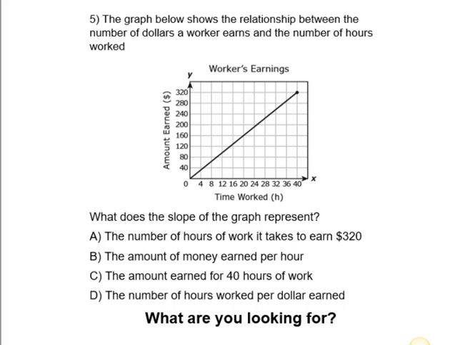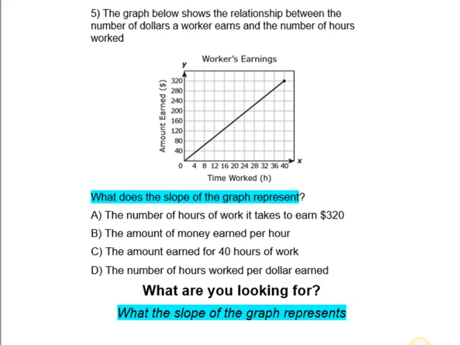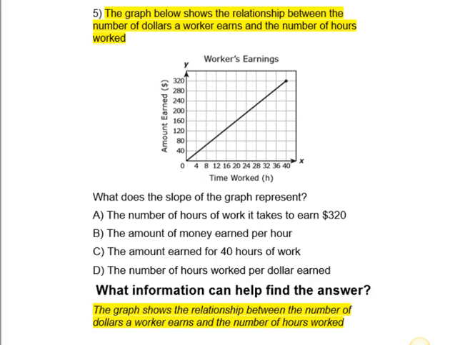What are we looking for? We are looking for what the slope of the graph represents. What information can help us find the answer? The graph that shows the relationship between the number of dollars a worker earns and the number of hours worked. That's the information that can help us find the answer.